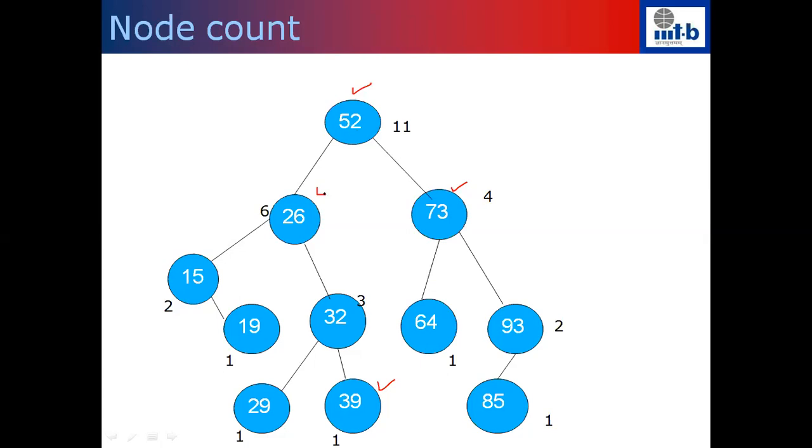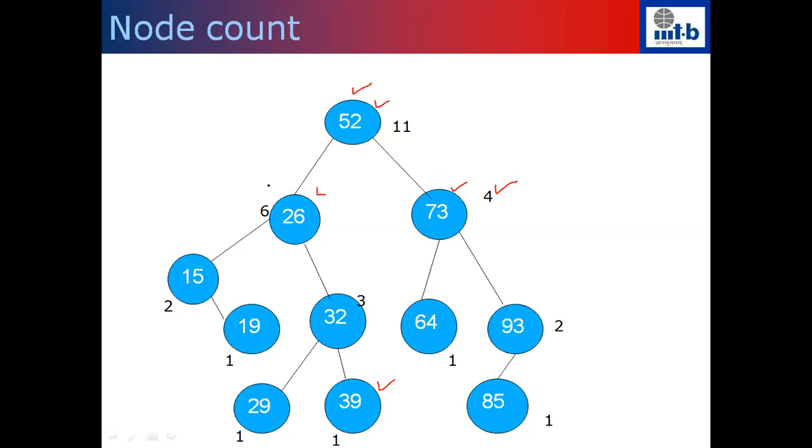I am ignoring the number 52 since I am going to the left. Whatever node I am going to the left from is also greater than 39, and all the numbers on the right subtree are also greater than 39. I don't have to go and search how many numbers there are. The right child will tell me the number of nodes which are greater than 52.